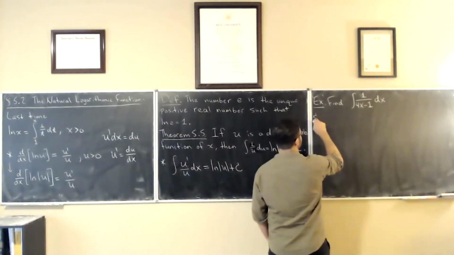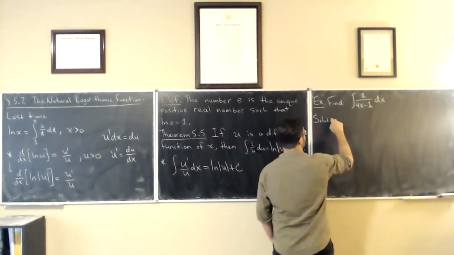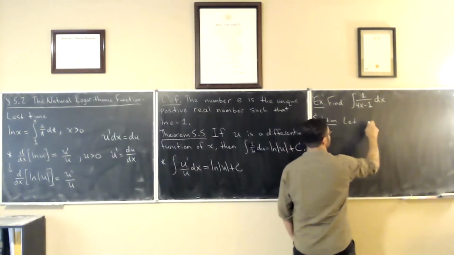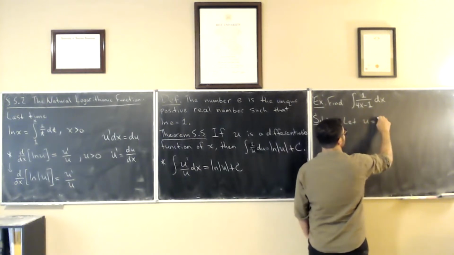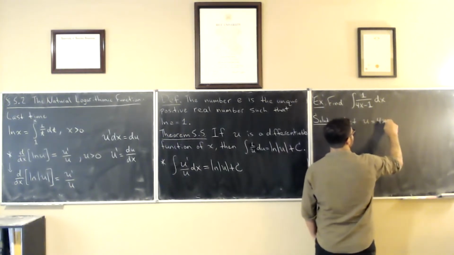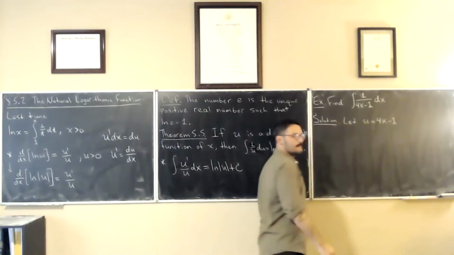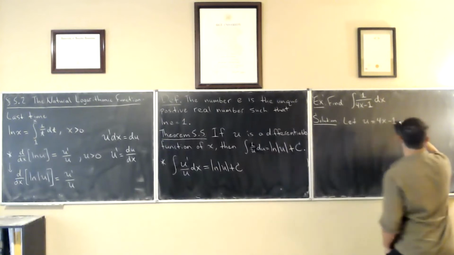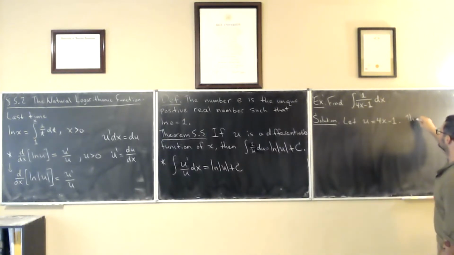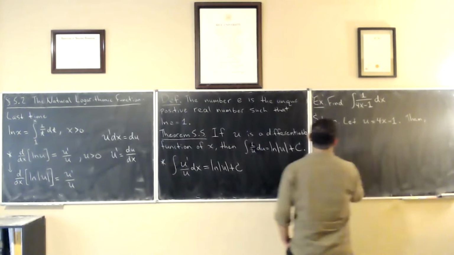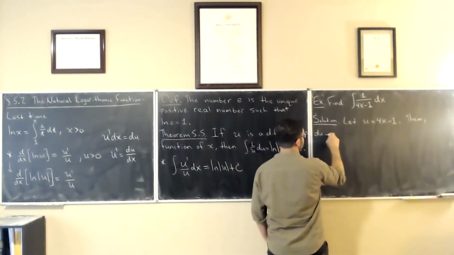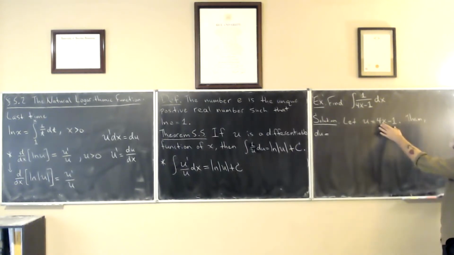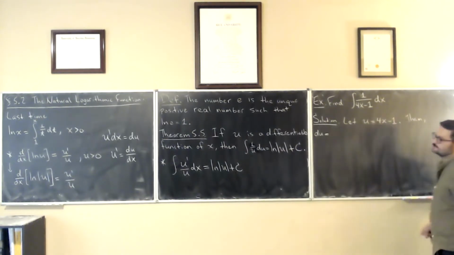The way that I'm going to do that is I'll write out every step of the solution here. If I let u equal 4x minus 1, then du, so we take the derivative on this side, and the derivative on this side is just going to be 4 dx.